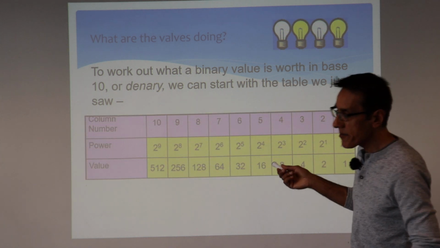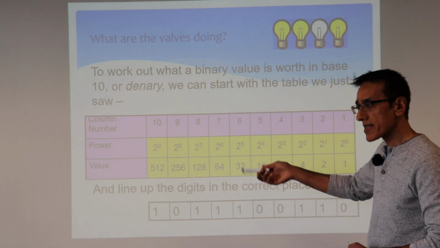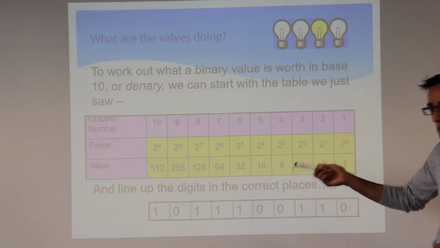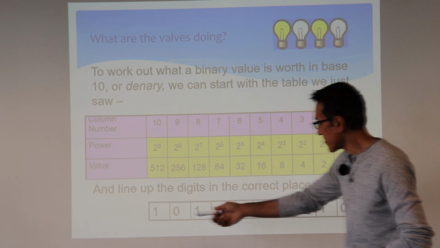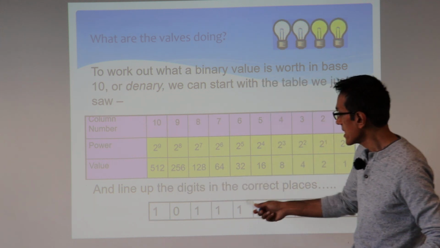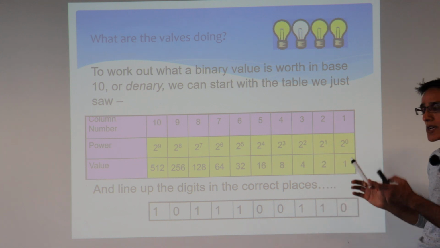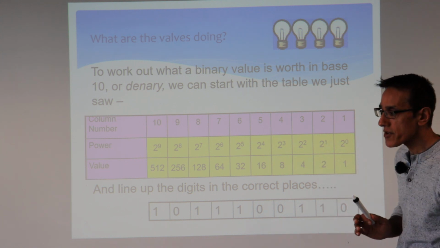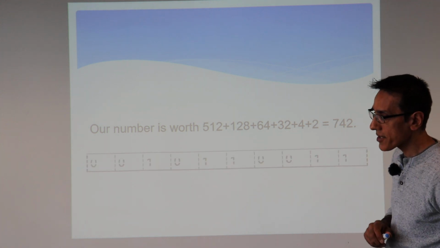Once we've got the table, line up your binary numbers inside the correct locations, read off where the ones are, and add all the numbers together. So this binary number here is represented by 512 plus 128 plus 64 plus 32 plus 4 plus 2. Add those up and that gives you your answer of 742.